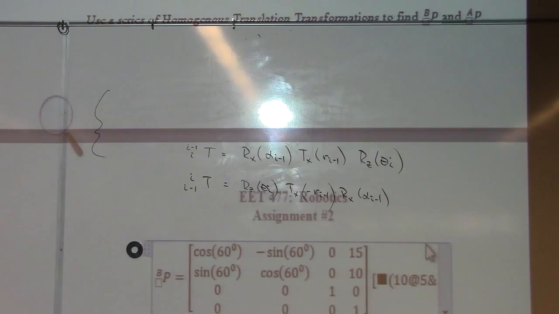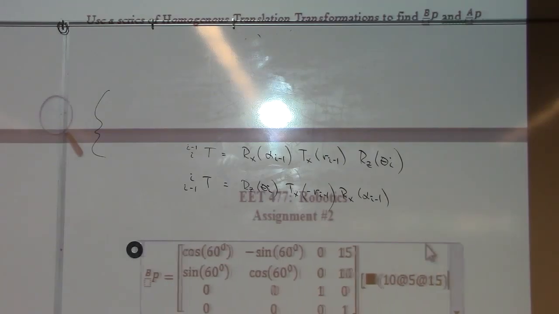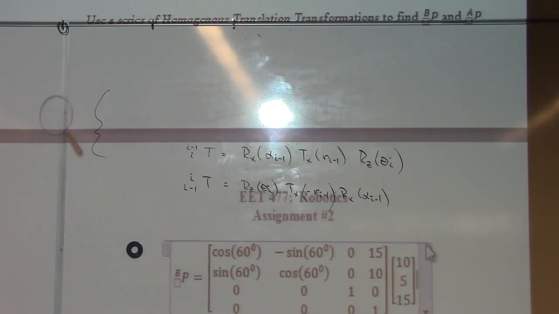And you probably noticed something here right away. These earlier examples are a heck of a lot more complicated than the problems we're going to be doing, right? Because we're going to be dealing with a lot of zeros when we're working through these operations.